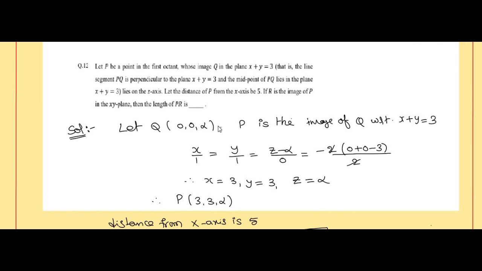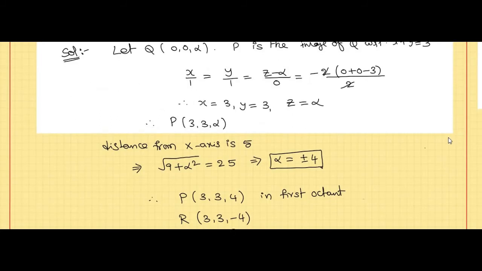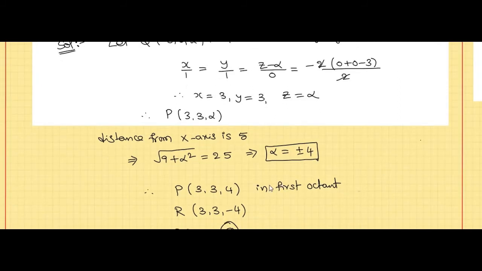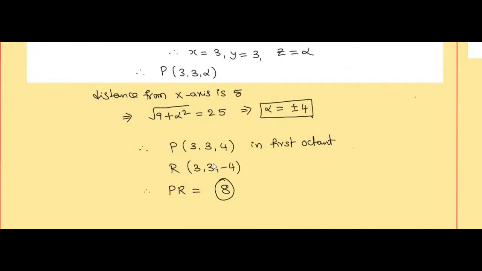So if you shift and apply P as the image of Q, then the distance from the x-axis is 5 units. So 9 plus alpha square is equal to 25. Alpha is plus or minus 4. So P is 3, 3, 4. Since it is in the first octant, R is 3, 3, minus 4. Then what is the distance between P and R? That's just 8 units.